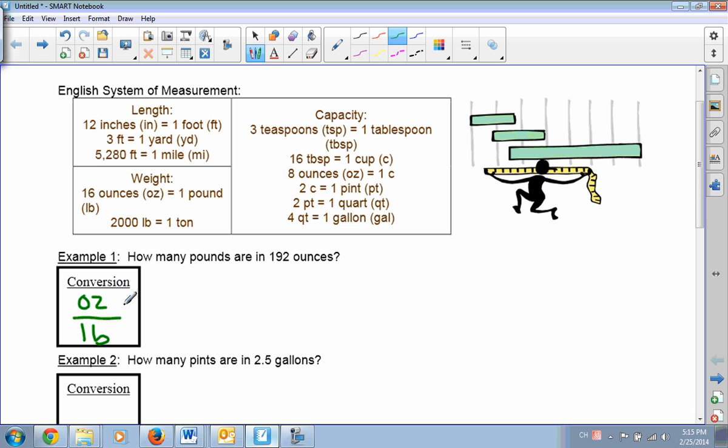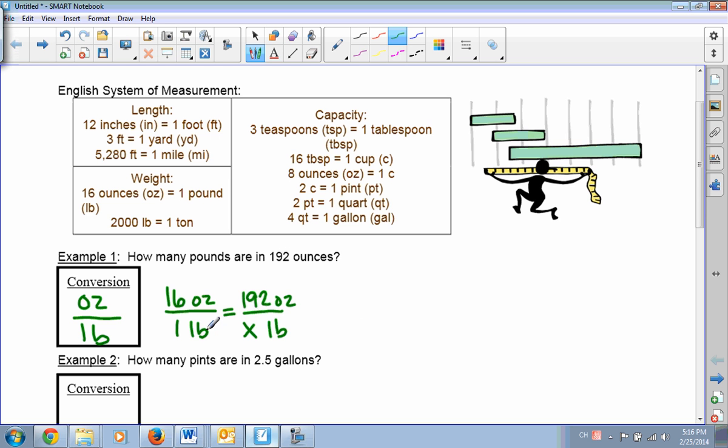So we go up here and find ounces to pounds, right here in weight. 16 ounces in 1 pound. That's our first ratio: 16 ounces over 1 pound. And we are given that we have 192 ounces. How many pounds is that?